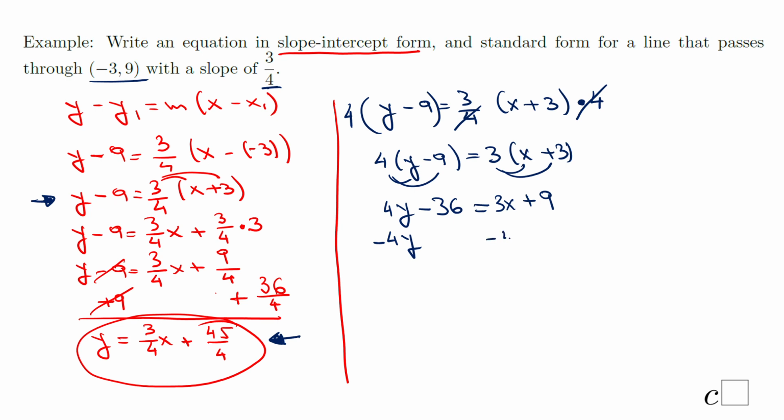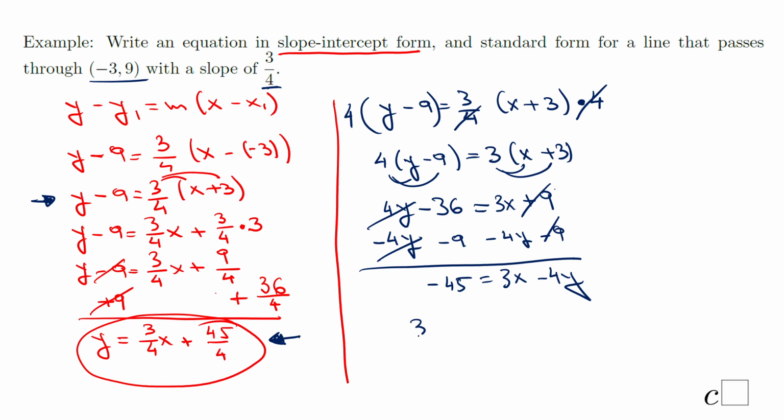So I'm going to subtract 4y here. And I have 3x minus 4y. And now I want to get rid of the negative 9, minus 9. And we have here negative 36 minus 9, negative 45. So the standard form is 3x minus 4y equals negative 45.